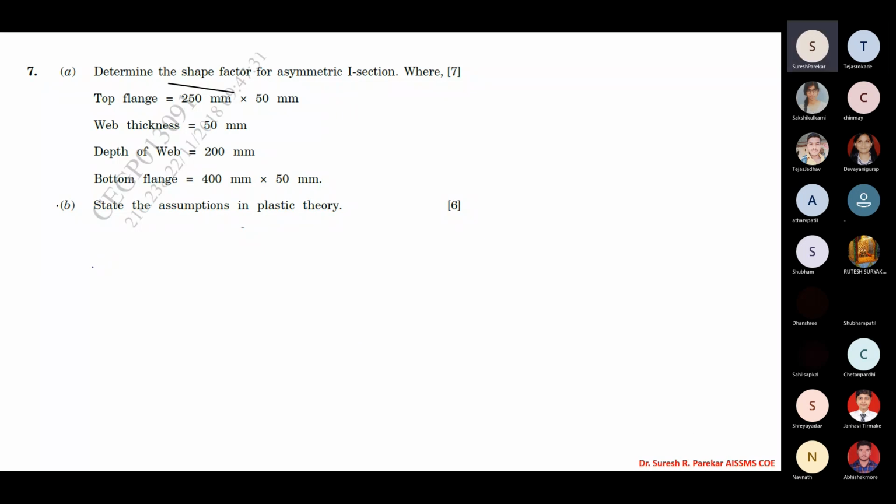So now first we have elastic section modulus. Now we can see top flange 250 by 50.